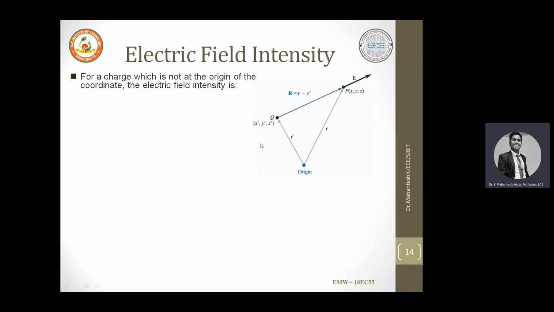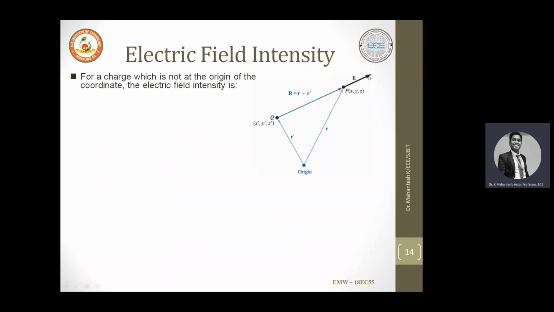And Q is at the distance of x', y' and z' from the origin, whereas I'm trying to measure an electric field here at this point P. So this P is at the distance R, where R = r − r' in terms of position vectors.